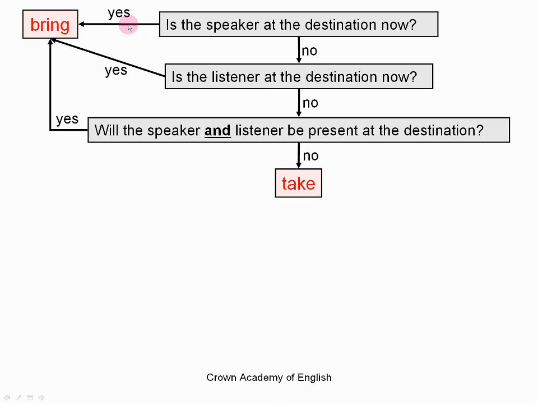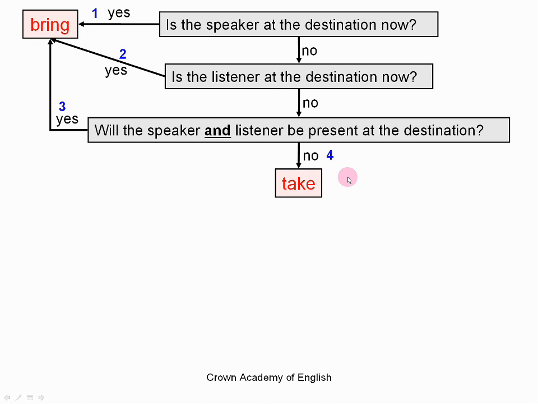There are in fact 3 situations on this diagram where we use bring. So this one, that is 1, 2, and 3. And the 4th situation is when we use the word take.